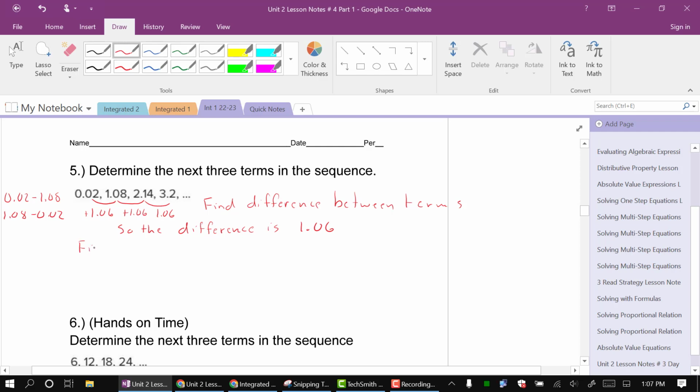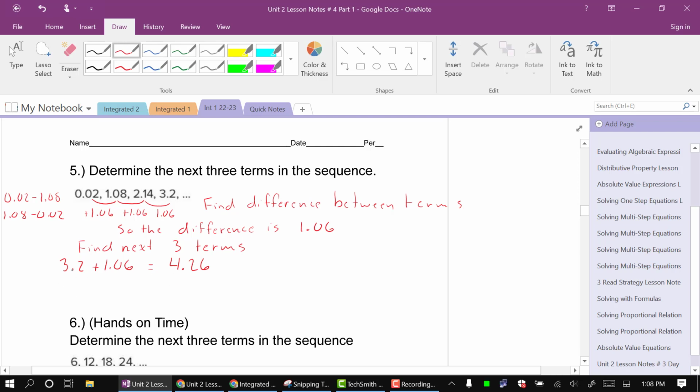Now I'm going to use that to find the next 3 terms. The first one is going to be where we ended off, at 3.2, and I'm going to add 1.06 onto that. When I add 3.2 and 1.06, I get 4.26.